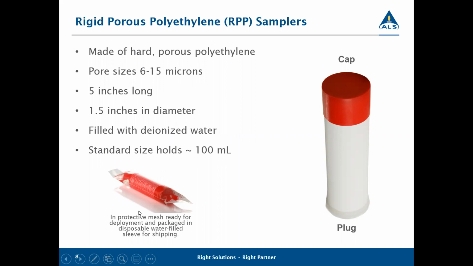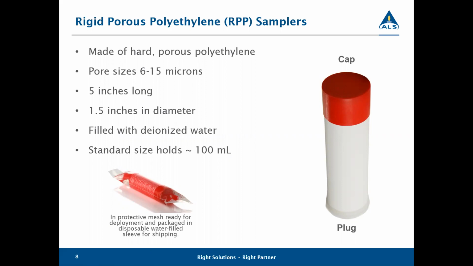This picture on the lower left here is what you will receive upon shipment of the RPP. We ship them contained within polyethylene bags because the pore size is a little bit larger.